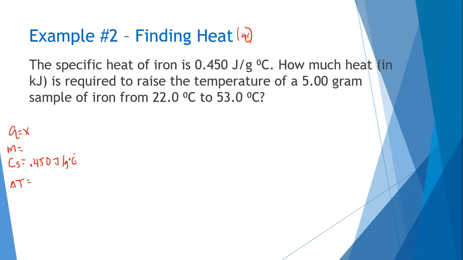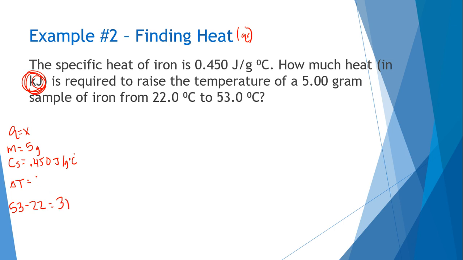Then it says how much heat in kilojoules. So here I want to know the heat in kilojoules. That's important. Is required to raise the temperature of a 5-gram sample. So here's my mass, 5 grams of iron from 22 to 53. So here to find my change in T, 53 minus 22 gives me a difference of 31.